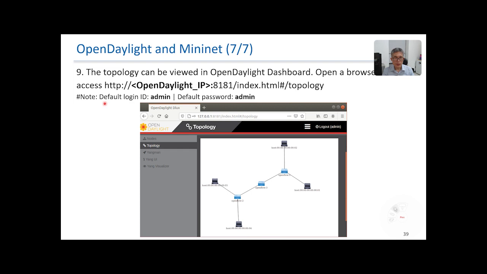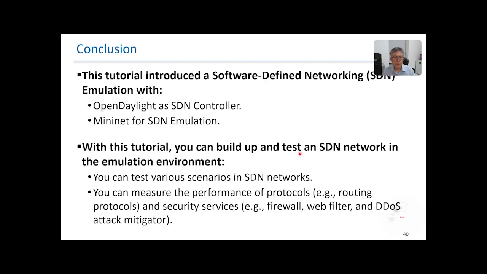The default login ID is admin and the default password is admin. Then you can see this topology, right? So we have 3 OpenFlow switches and 4 hosts connected in this scenario.